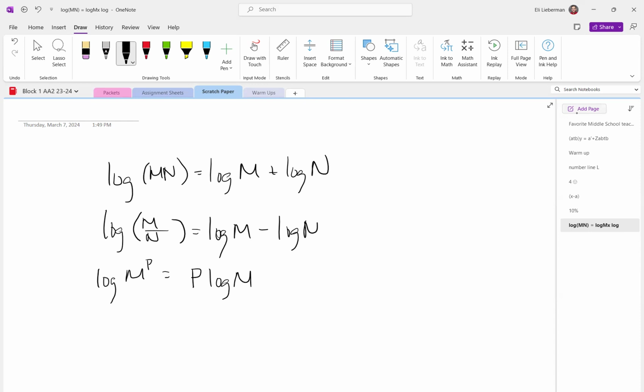There were some other properties, of course, things like log base A of A. Let's see if we can pull together just some other important facts about logarithms. Let's bring in a base too. We need a base here.